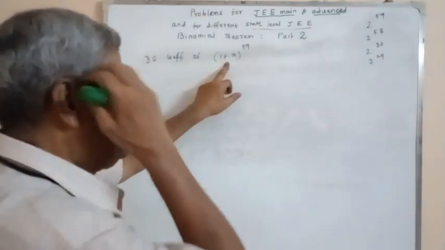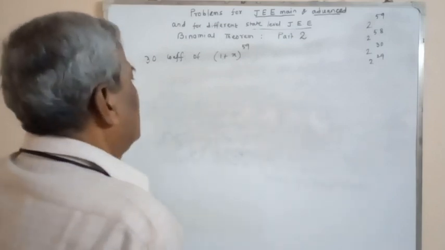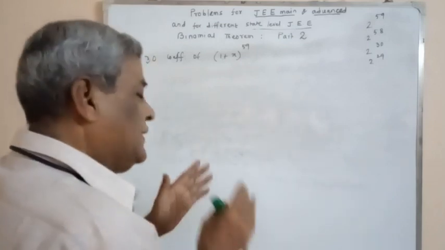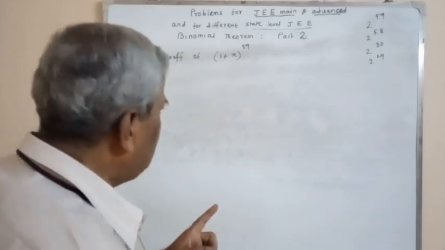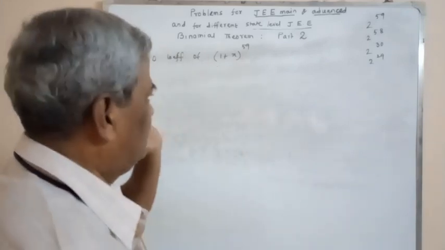One binomial is this, and we have to calculate the sum of last 30 coefficients of that expansion.